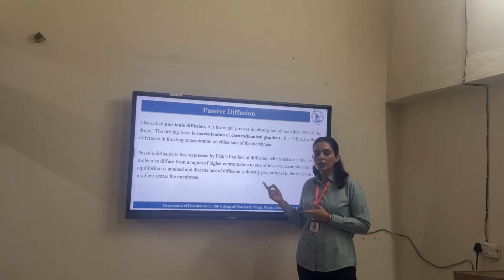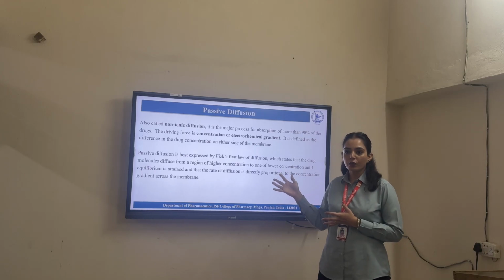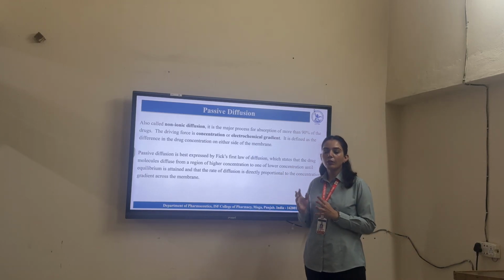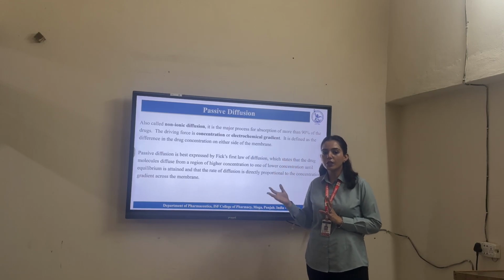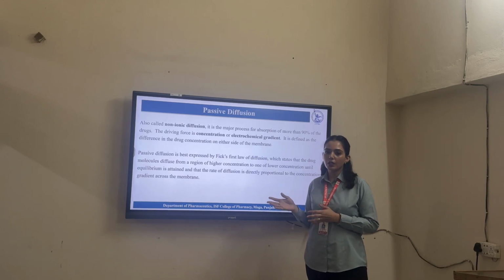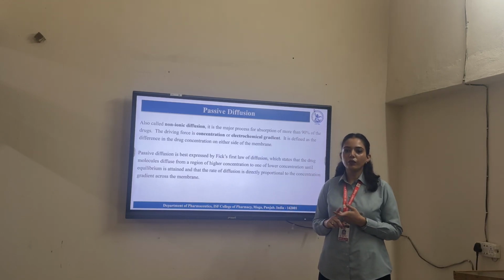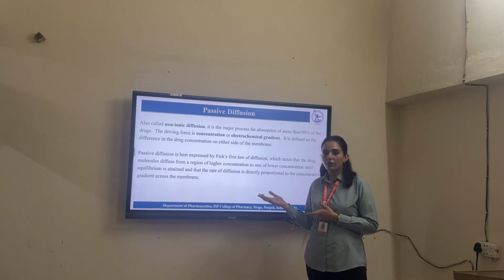Passive diffusion is best expressed by Fick's first law of diffusion, which states that a molecule diffuses from the region of higher concentration to lower concentration until equilibrium is attained, and that the rate of diffusion is directly proportional to the concentration gradient.